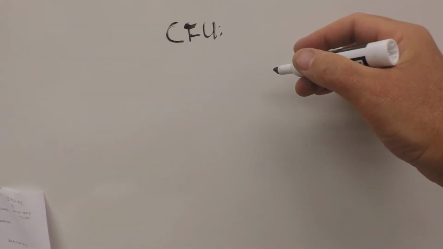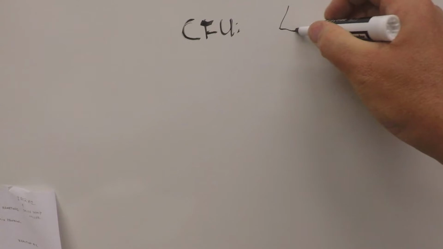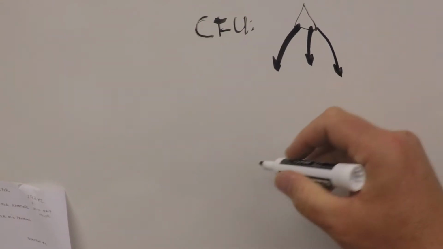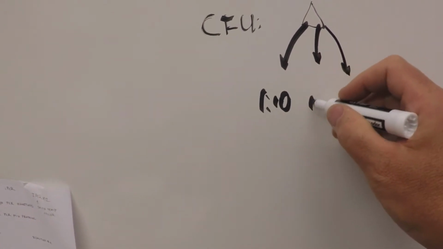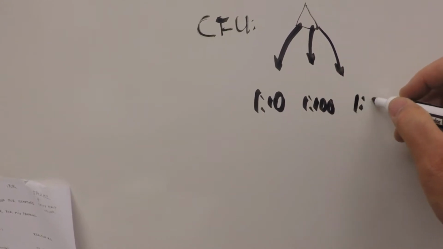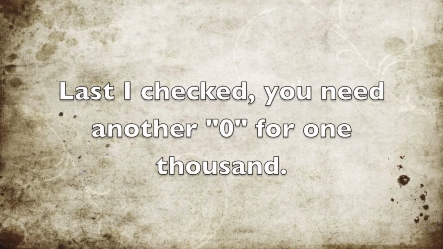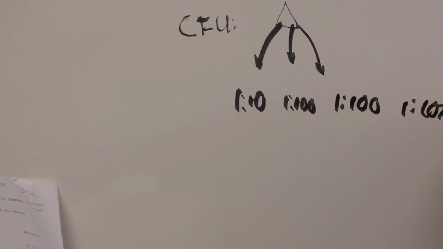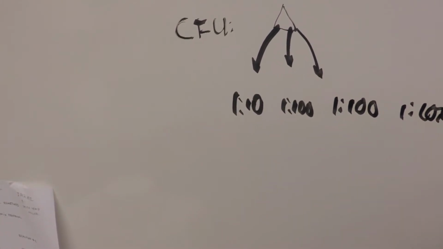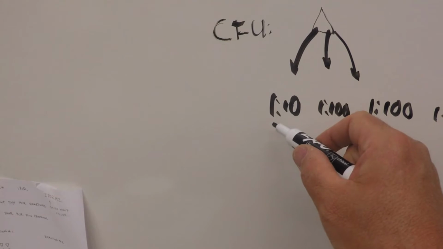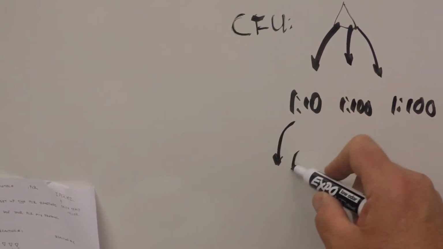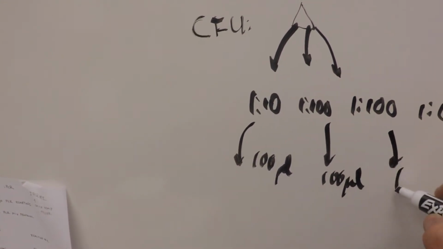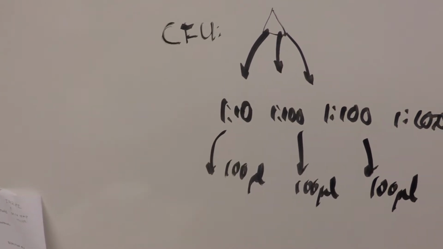So what you've done essentially is you've taken a sample, and made serial dilutions out of this. So you've done a 1 to 10, a 1 to 100, a 1 to 1,000, a 1 to 10,000, okay, etc. You've then plated from those 100 microliters onto plates, okay?